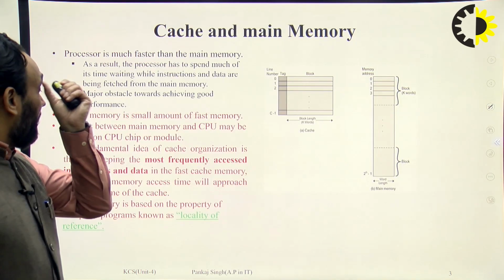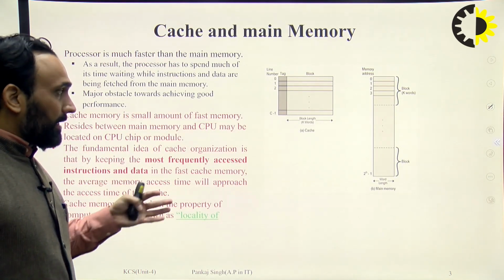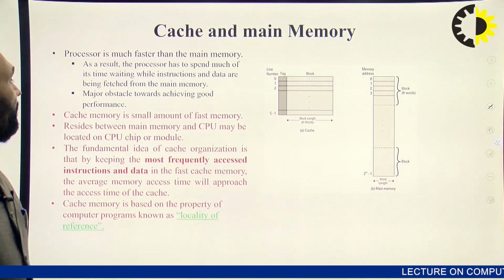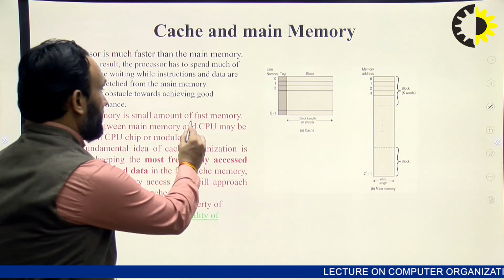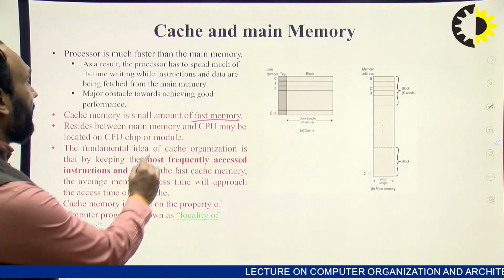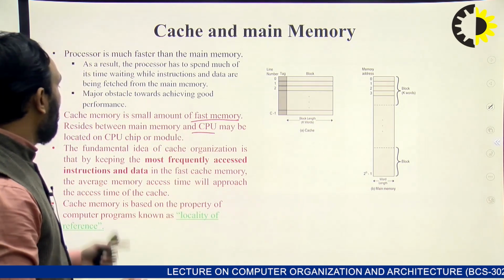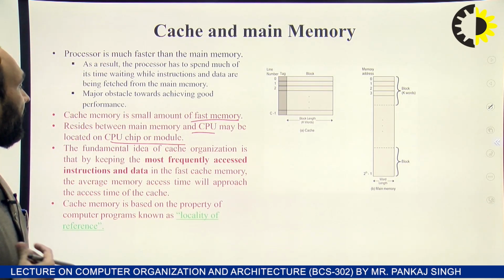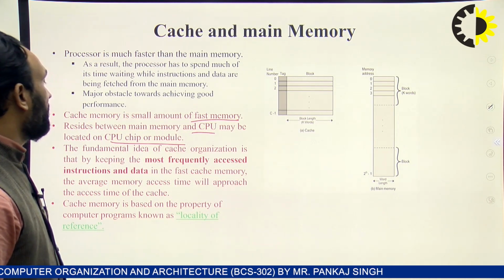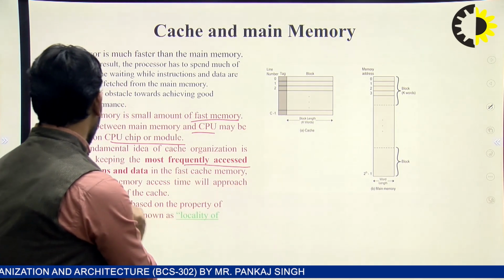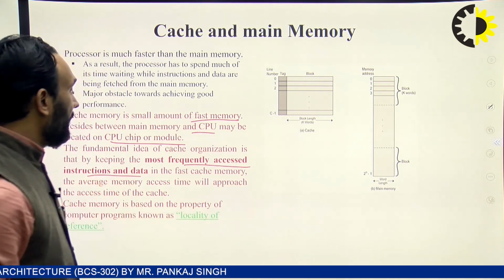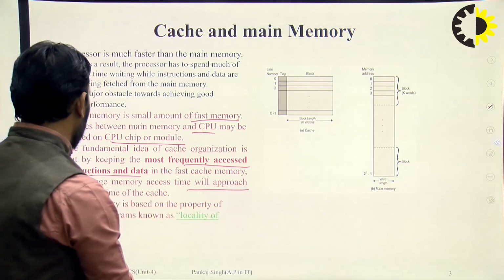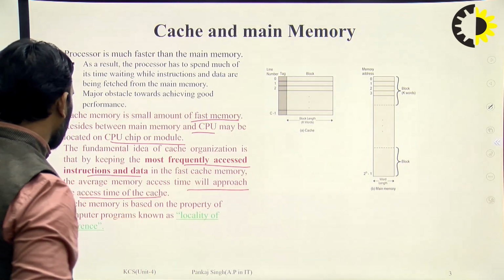Here I read what the basic terminologies and the basic purpose of cache memory are. Cache memory is a small amount of fastest memory residing between main memory and CPU, and may be located on the CPU chip or module. The fundamental idea of cache organization is to keep the most frequently accessed instructions and data in the fast cache memory. The average memory access time will approach the access time of the cache memory.